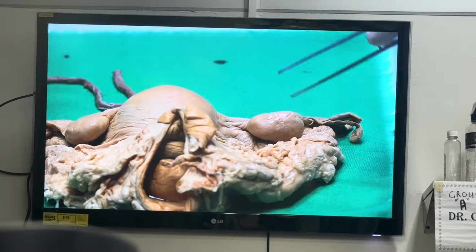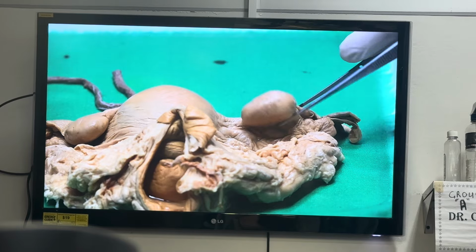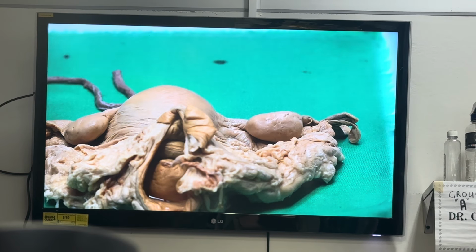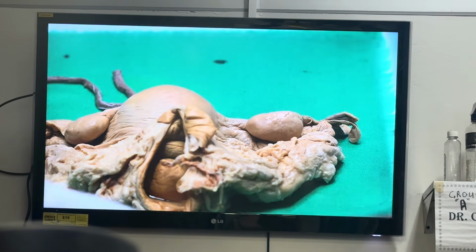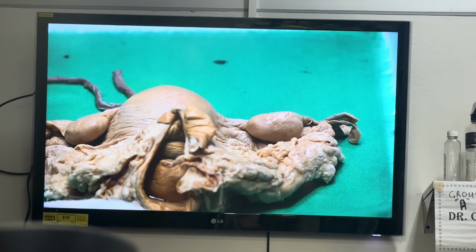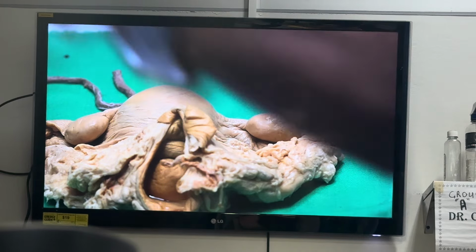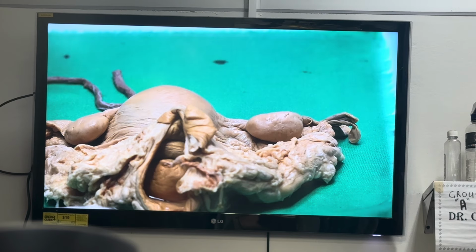And while we're talking about the peritoneum, in you girls, is your peritoneal cavity theoretically in communication with the exterior, the outside world of the body? The lady in pink, you understand the question?